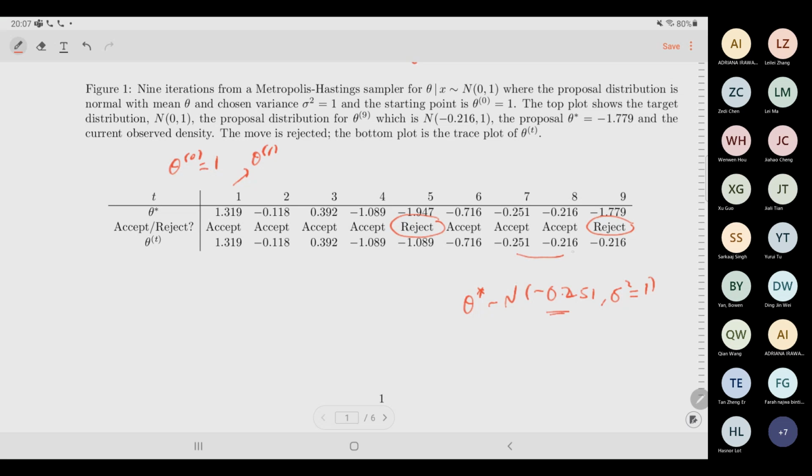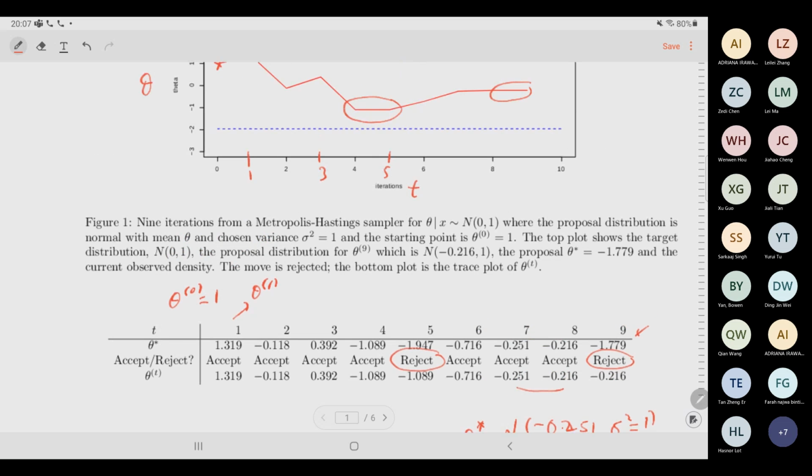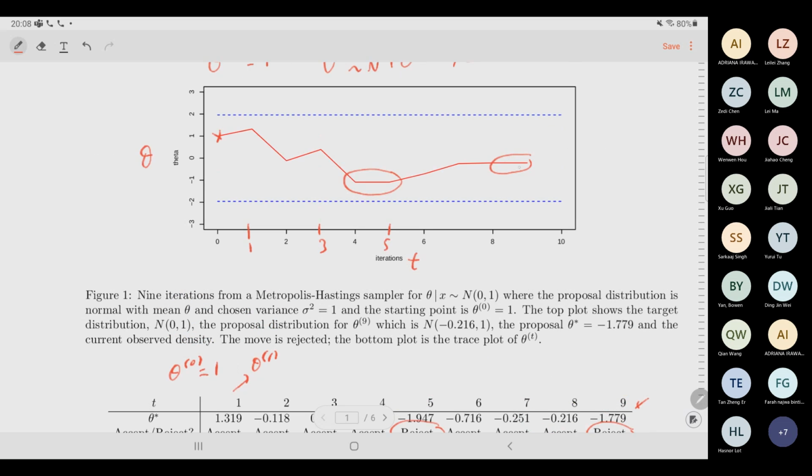And then from here to here they reject. This is the proposed value. They want to move from minus 0.216 to minus 1.779, and this move was rejected. That's why you can see in the plot that this is a flat line, because the proposal was rejected.